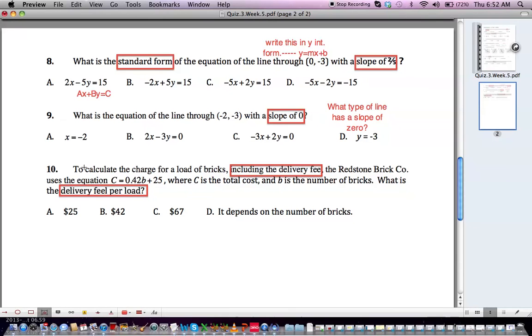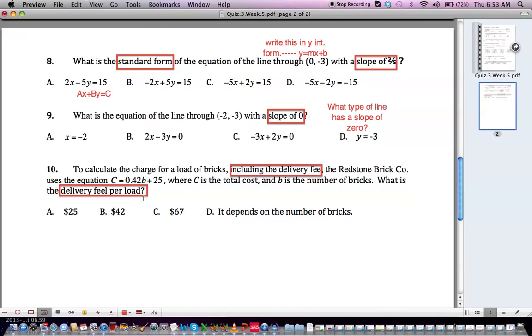Then number 10, to calculate the charge for a load of bricks, including the delivery fee, the Redstone Brick Company used the equation C equals 0.42B plus 25, where C is the total cost, B is the number of bricks. Okay, what is the delivery fee per load?